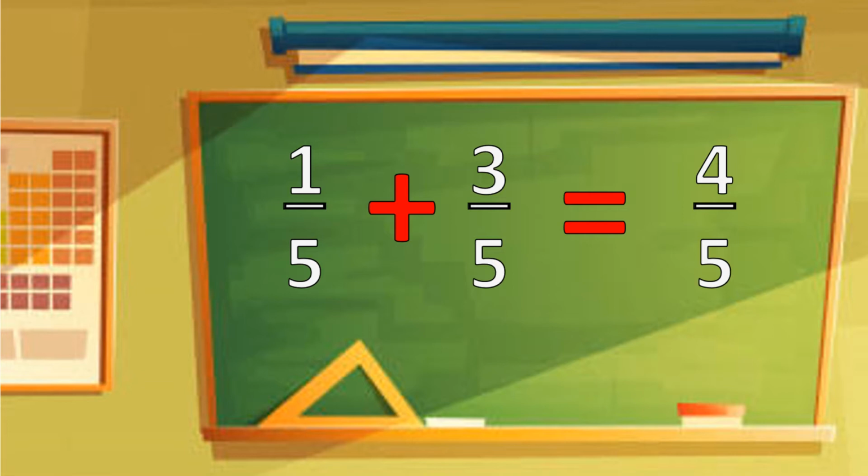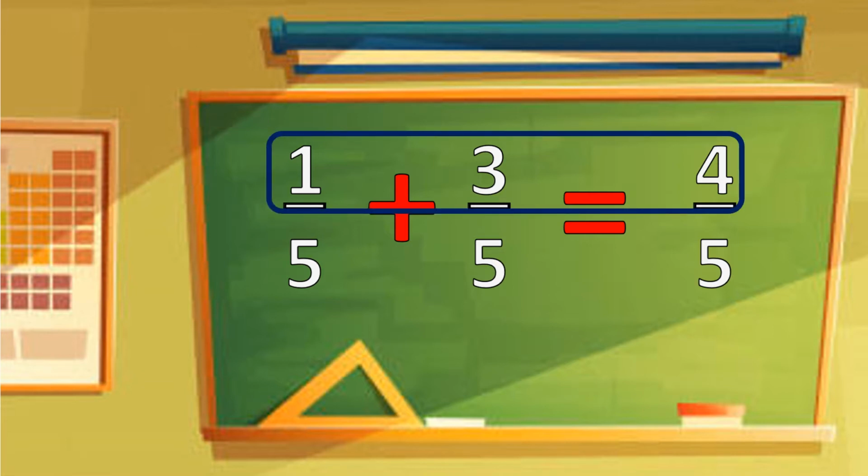So to add similar fractions, we just add the numerators and then we copy the common denominator. Okay, again, just add the numerators and then copy the common denominator. Did you get that?